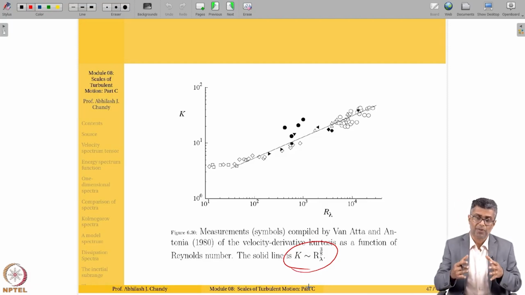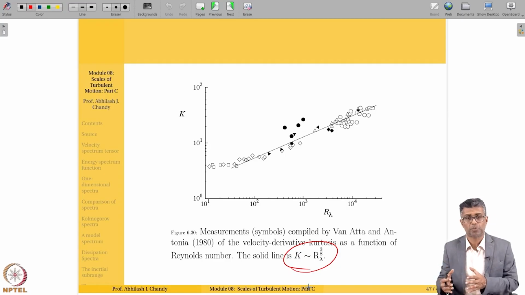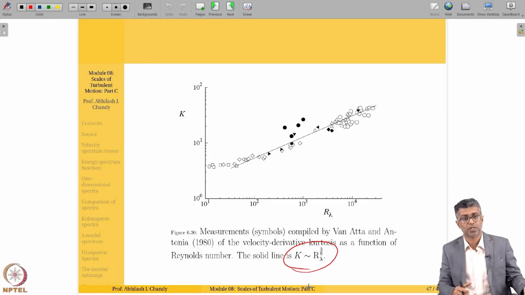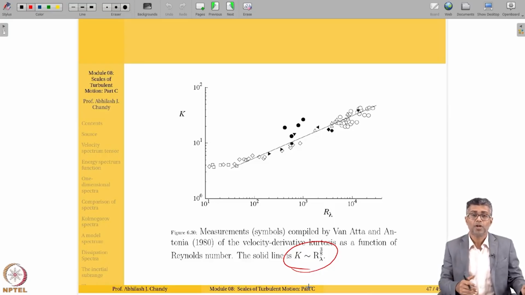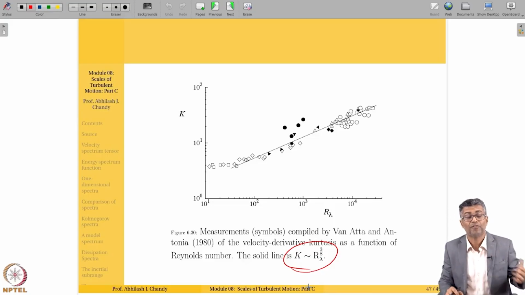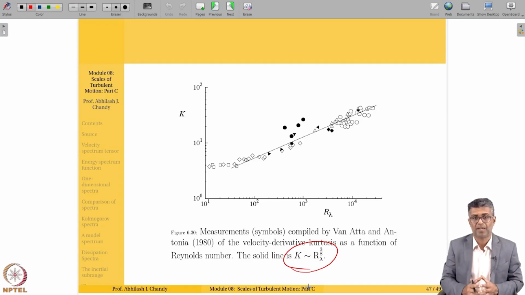So that is why typically when we run computations and try to compare them to experiments, sometimes you compare the mean alone and you say, okay, I have got great predictions. Does that mean my model is correct? If you compare variance and variances are also reasonably predicted well in comparison to experiment, do you say your model is correct? Maybe you can go a step further and compare your velocity derivative skewness and velocity derivative kurtosis to experimental data if they are available to see how closely they match. And then you start to make some progress in saying, okay, I'm doing something right in my model.